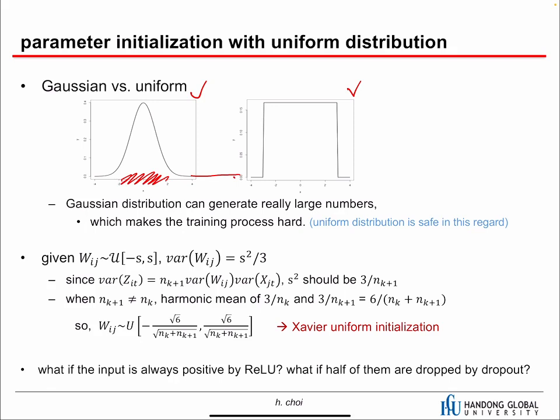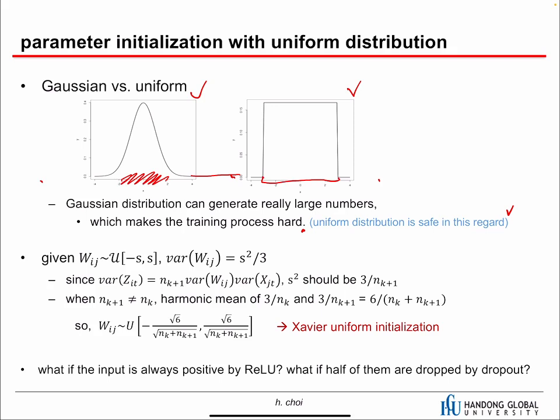Even though the probability is small, there is still a probability, and we can have a really small number with a small probability, but it's possible. If we have this kind of value to initialize the parameters, that makes the training process hard. But if we use uniform distribution, then it's safe in this regard. We cannot get any too large number here. All the random values are from this range for sure.